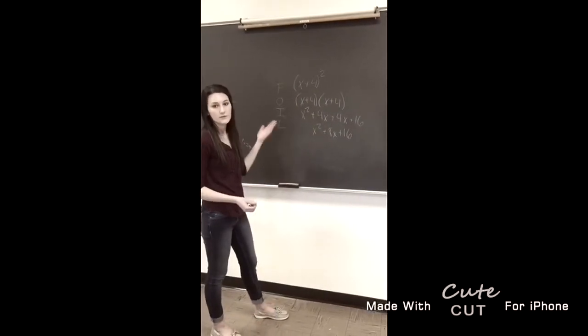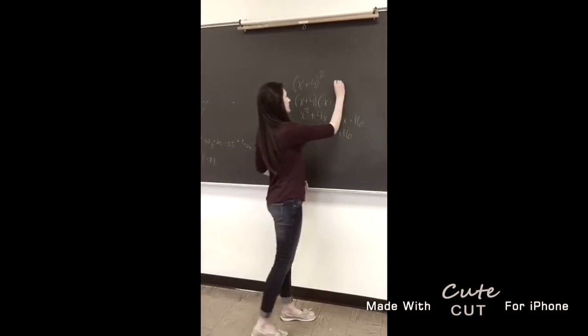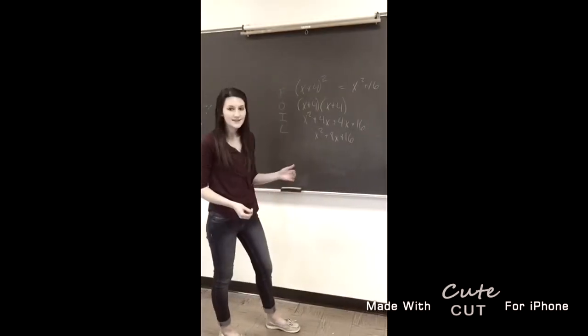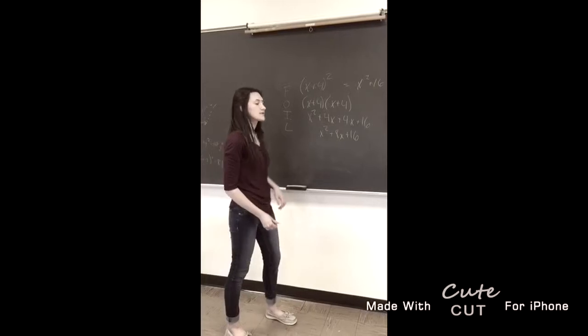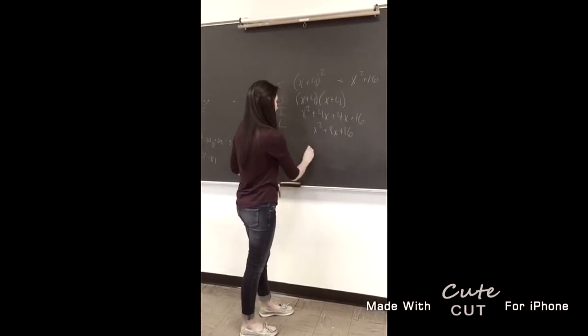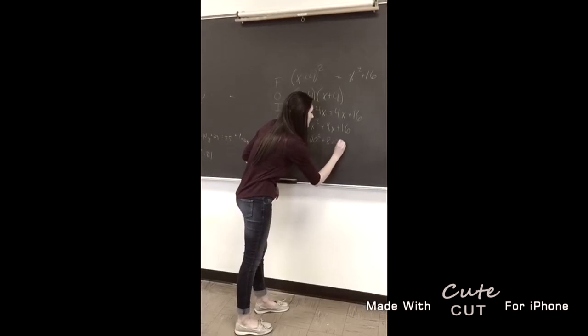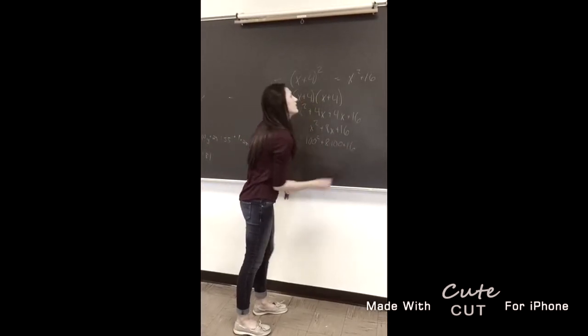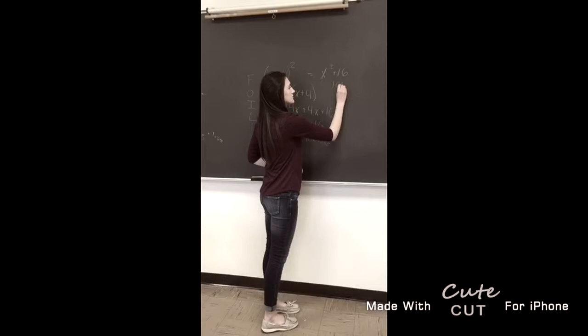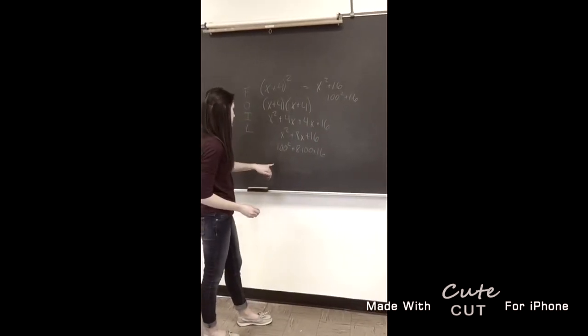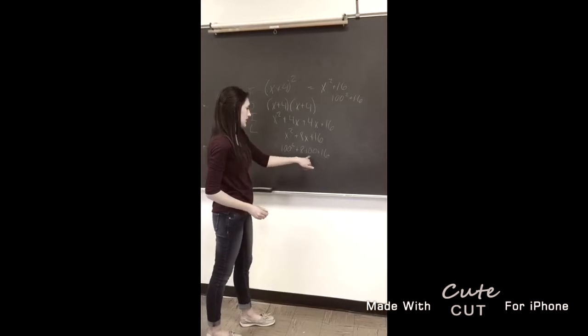Now, if you really thought that it should be x squared plus 16, and you plugged in an x, you get something much different. Say you have 100 for x. You would get 100 squared plus 8 times 100 plus 16. And over here, you get 100 squared plus 16. So right here, this is 10,000 plus 800 plus 16.